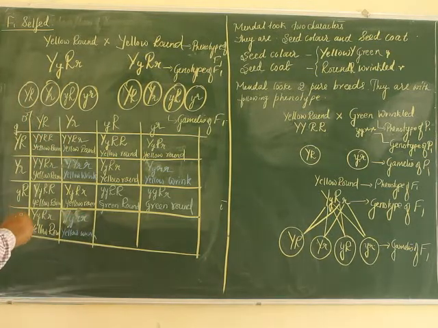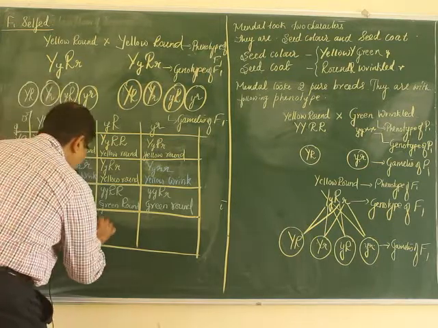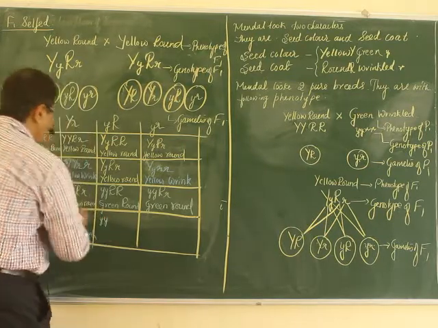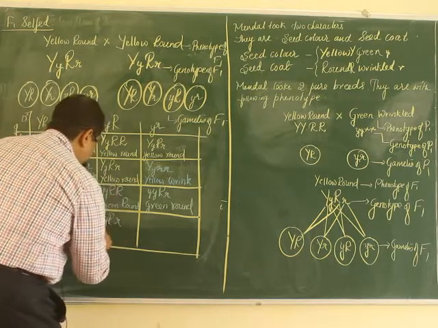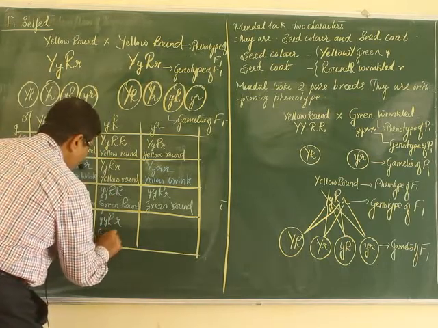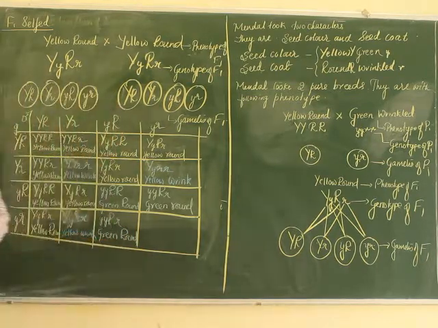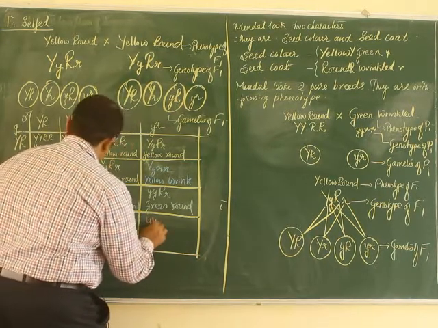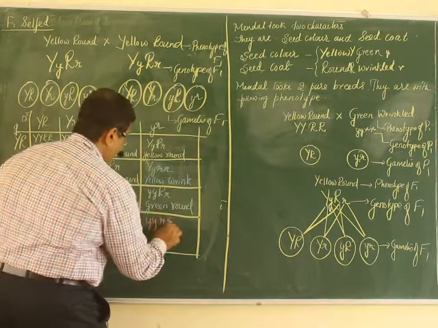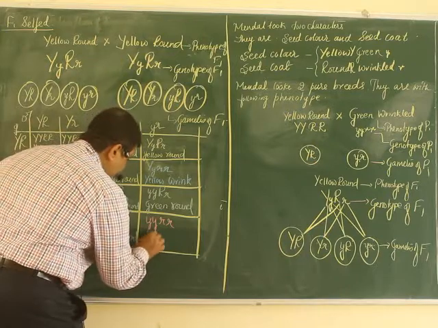Then small y, small y, capital R, small r: that is green round. And the last one is different from all: small y, small y, small r, small r. So this is green wrinkled.